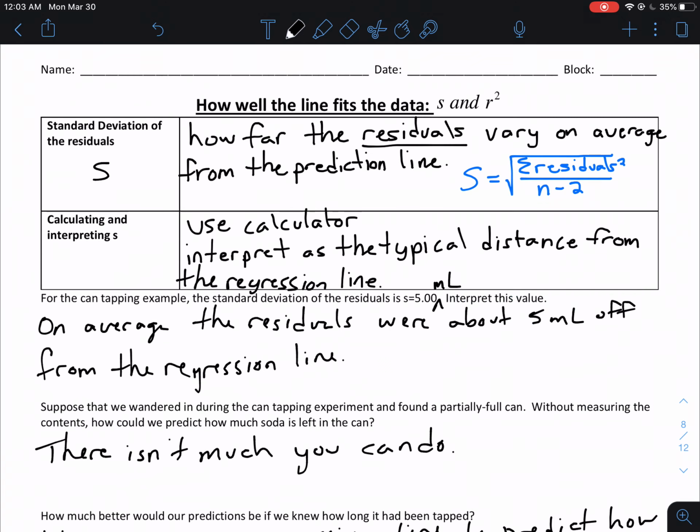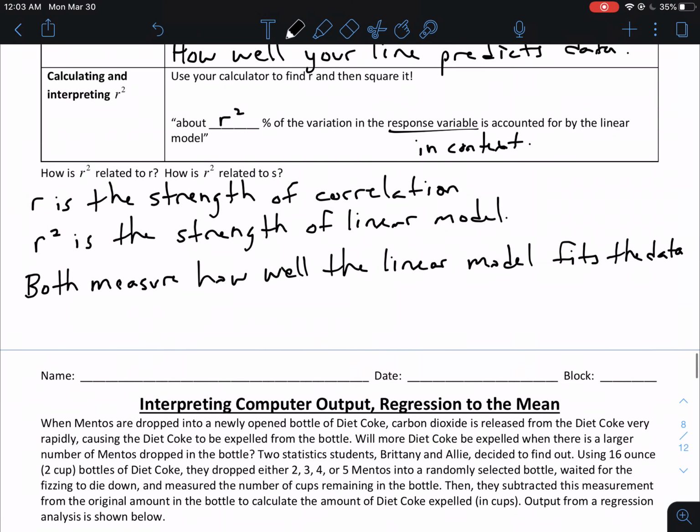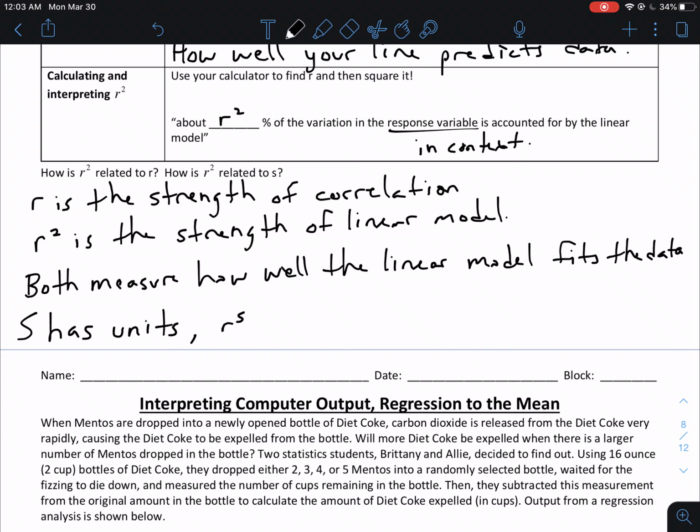The one key difference is that S has units. When we talked about S in the key tapping example, we talked about the fact that it was 5 milliliters off from your regression line, whereas r squared does not. So that is the big difference between the two, as well as obviously the interpretations and what they represent, but they essentially measure the same thing.